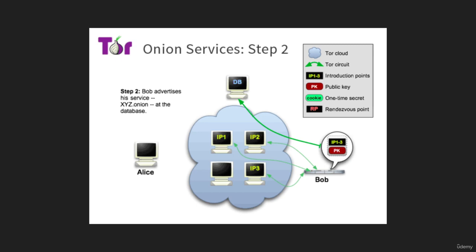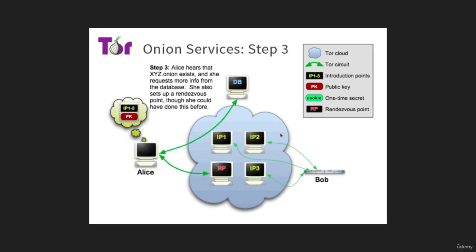This descriptor contains his public key and a summary of each introduction point, and he signs this descriptor with his private key. Bob signs this descriptor, which contains the introduction points and the public key, and after he signs it with this private key, it will be uploaded to the hash table inside the database or the DB server.